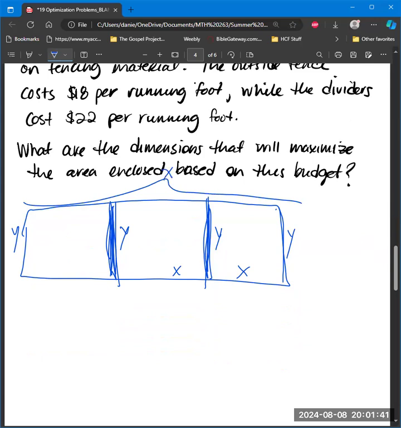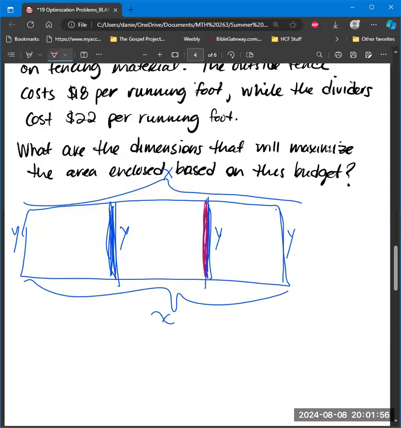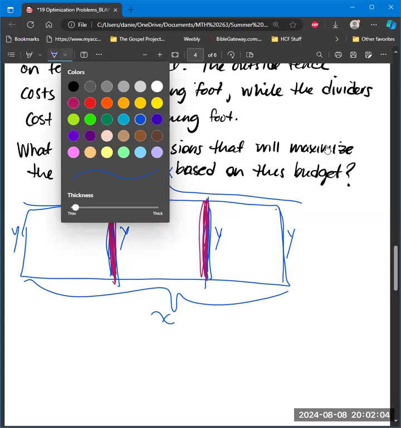X and X and Y and Y. And let's just make this abundantly clear that this is a different material here. That's going to be the stuff that costs more, is what I have in pink there. All right.